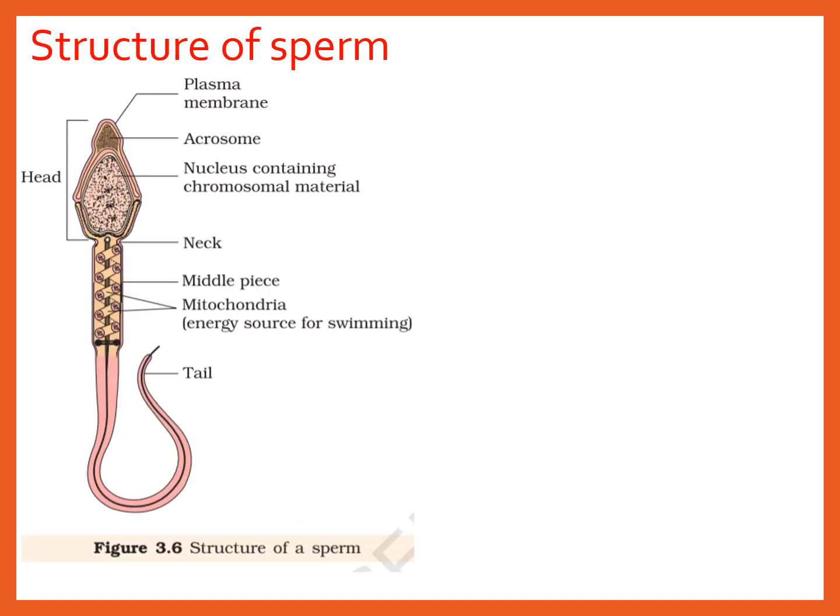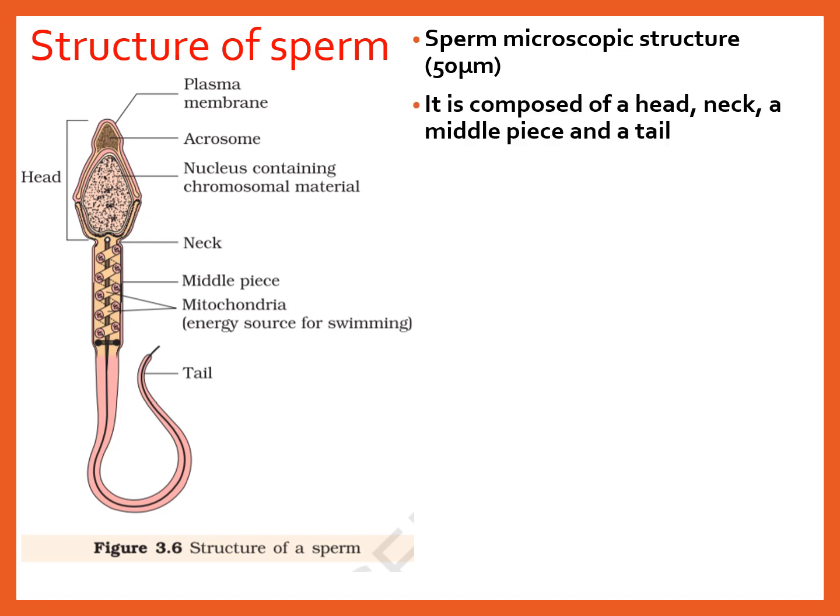Now, let us see the structure of sperm. Sperm is a microscopic structure which is about 50 micrometers in length. It is composed of a head, neck, middle piece and a tail.